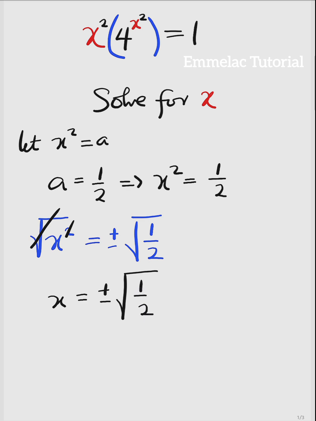The two solutions that satisfy the equation are x equals the positive square root of 1 over 2, or the negative square root of 1 over 2.